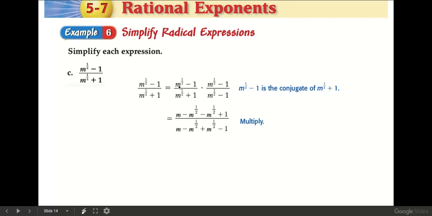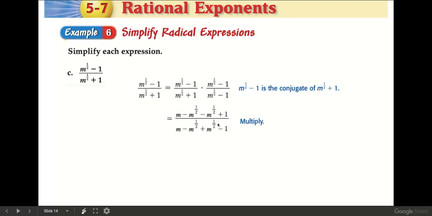And then on top, same thing: m to the 1/2 times m to the 1/2 is m. -1 times m to the 1/2 is -m to the 1/2, and then -1 times m to the 1/2 is -m to the 1/2 again, and then -1 times -1 is +1.